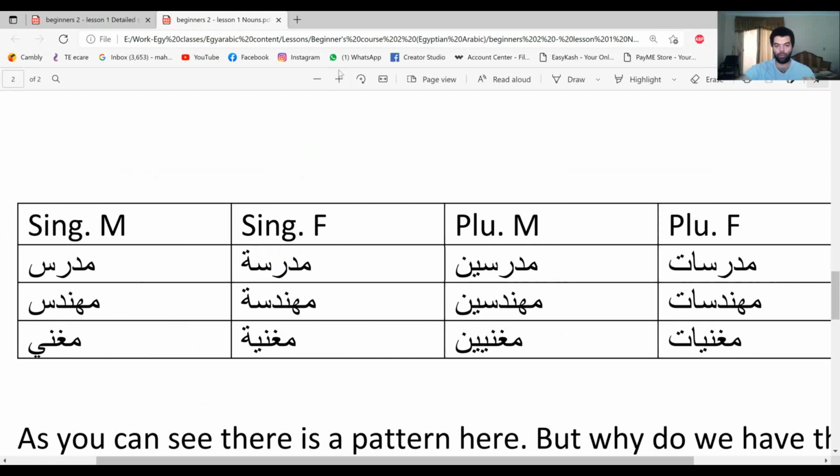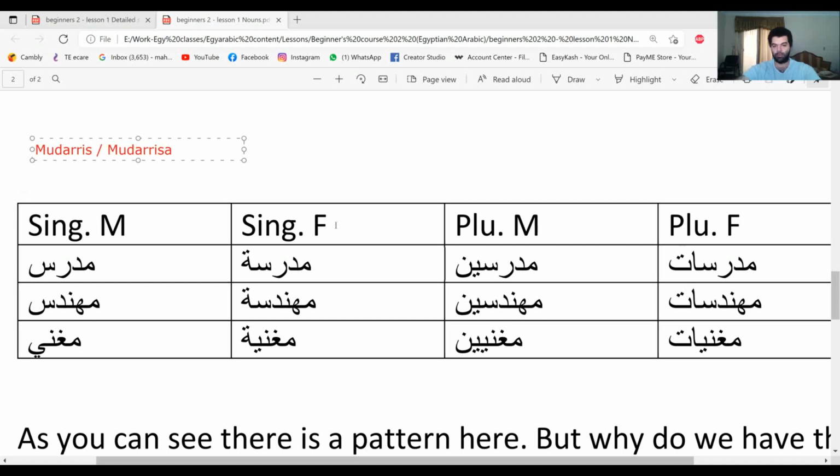We added تاء مربوطة at the end. If you're not familiar with reading, I advise you to start learning. But anyway, we say مدرس, that's teacher. And for female, we say مدرسة. We add the sound or the ta marbuta at the end. Good. Now that is singular male and female.